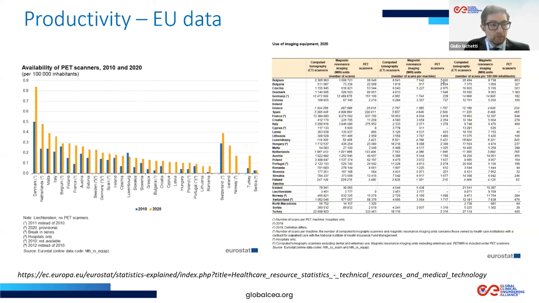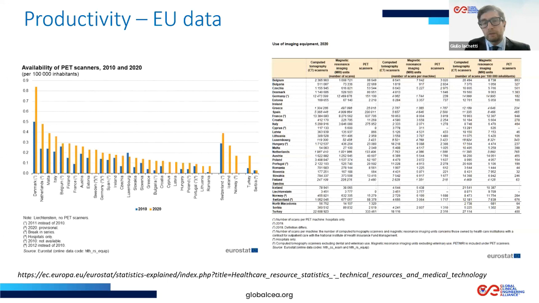high productivity level for each tomograph is 3,000 or more patients per tomograph per year. This is per year data. Typically, from 2,000 to 3,000 is a middle value.